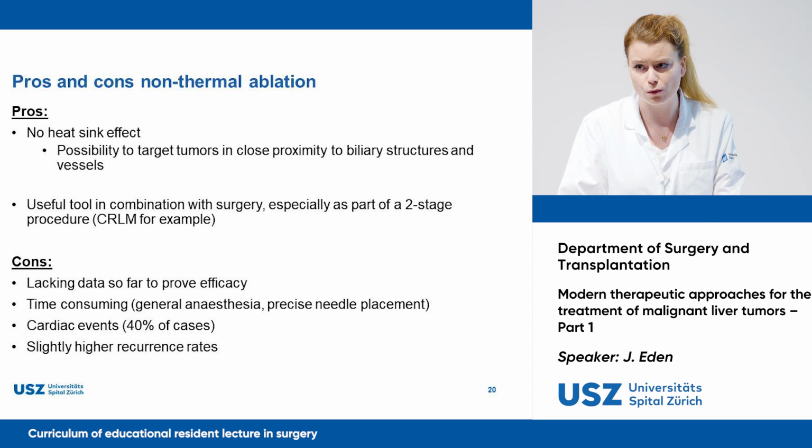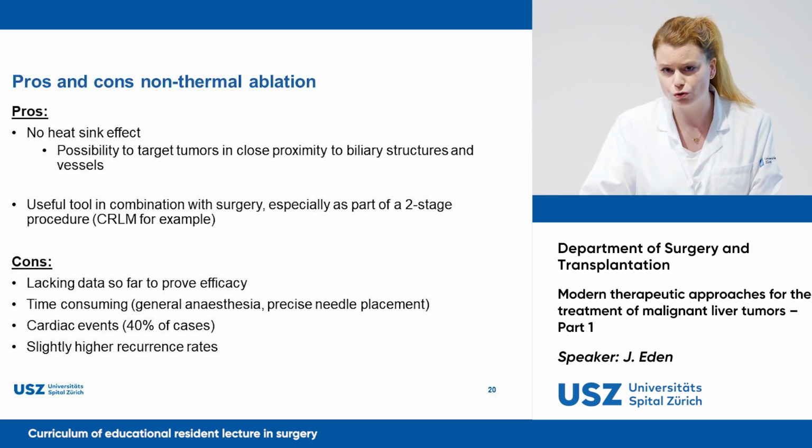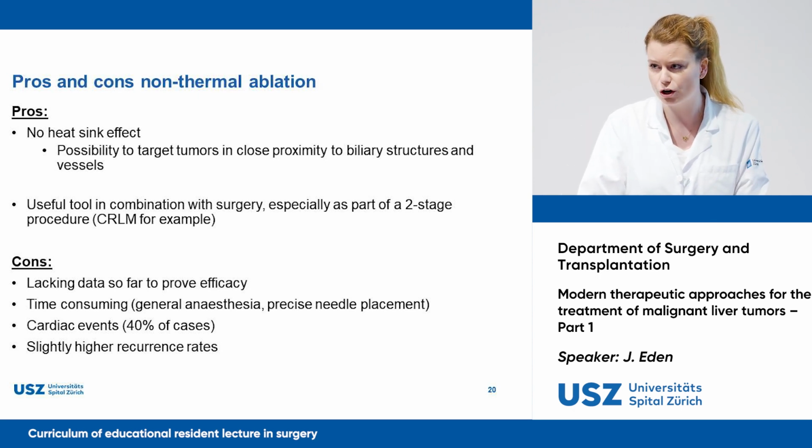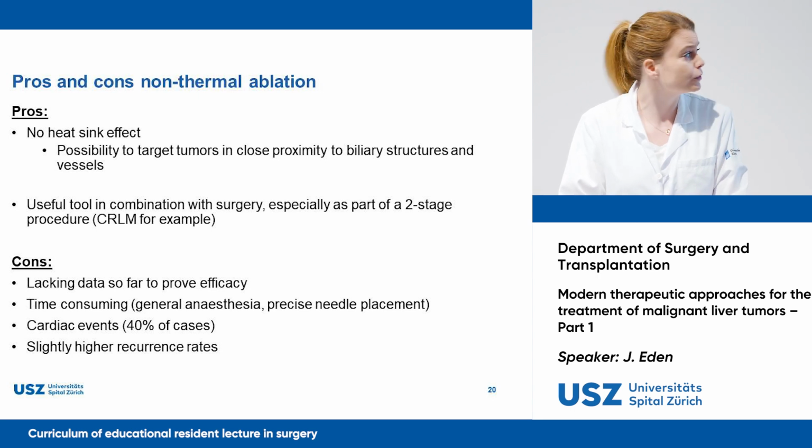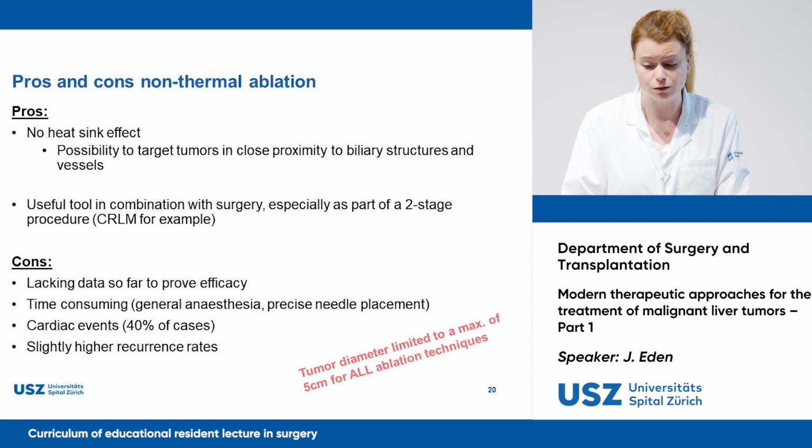In 40% of all cases, those do occur, and many of our patients are quite sick, and therefore, if they do have an underlying cardiac disease, they might not be the best patients for this option. And slightly higher recurrence rates have been reported as well.